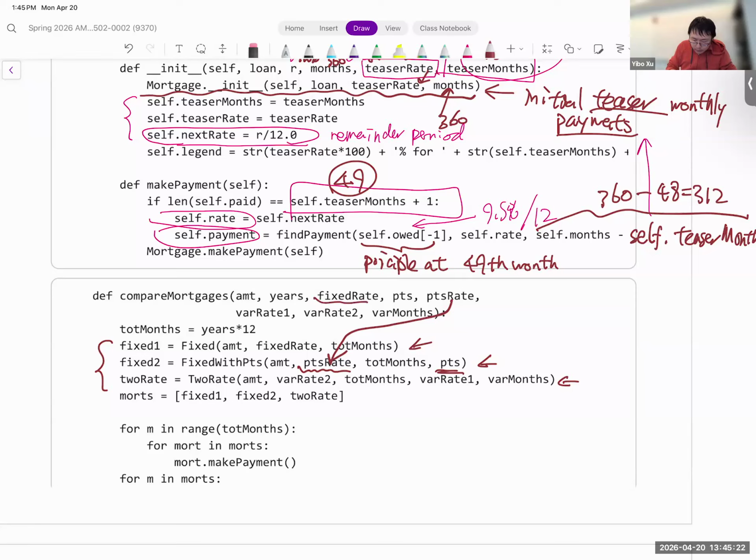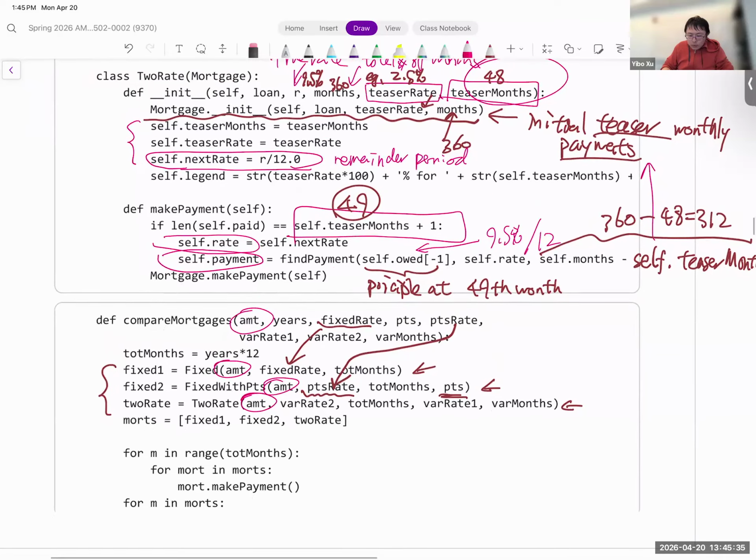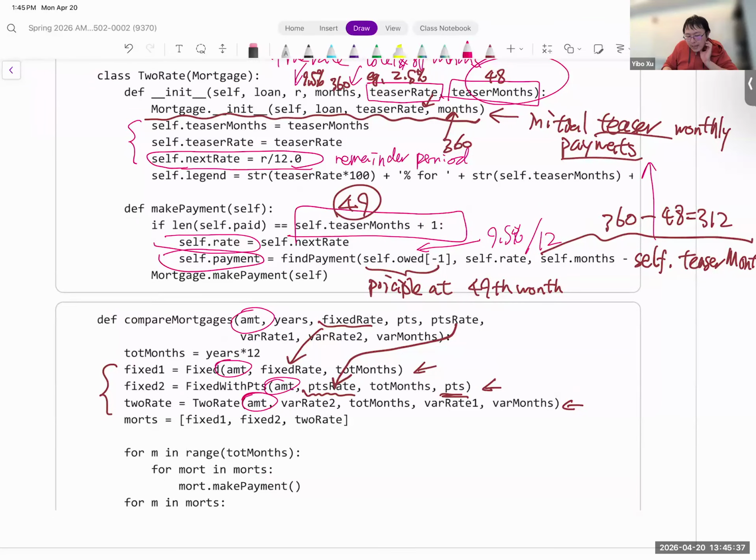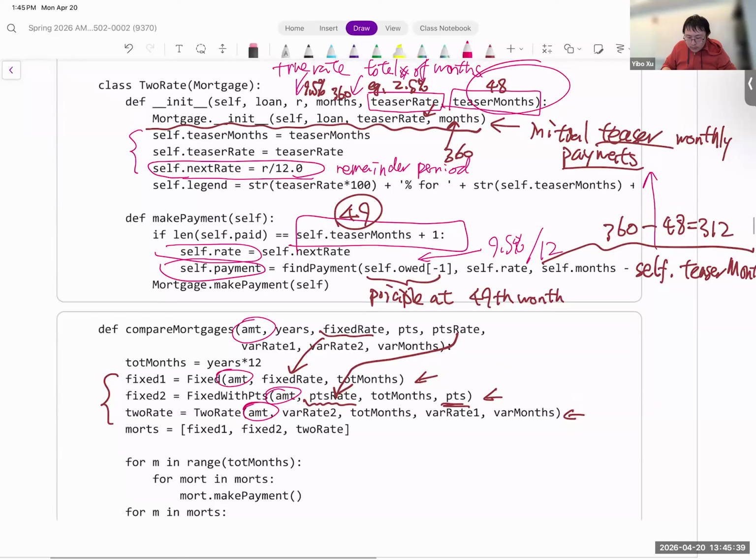The fixed rate is here. The amount of the loan is the same throughout. And then we have the variable rates. Just remember how you initialize the two rates as a mortgage. The larger rate is at the beginning, so the teaser rate is the second rate that you provide.